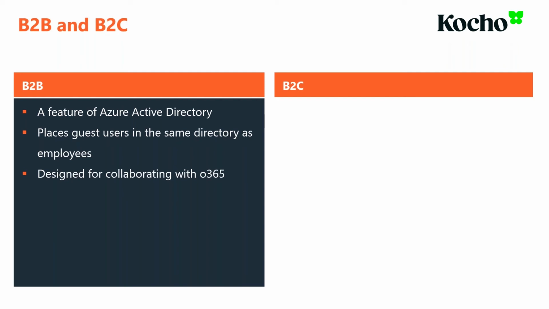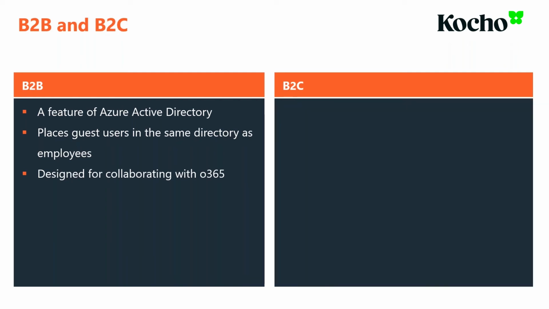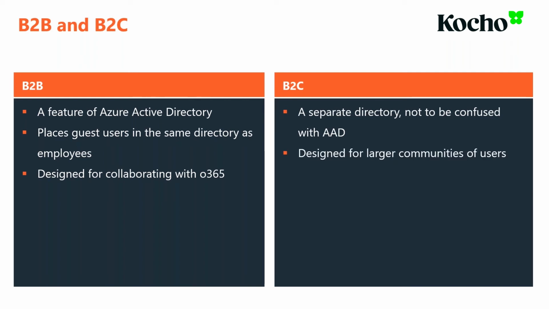It's designed for collaboration, including with Office 365. B2C, on the other hand, is a separate directory. So not to be confused with the B2B model. Your employees won't live in that directory, only the B2C admins. And it's typically designed for larger communities of users.